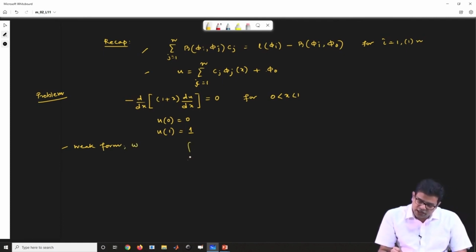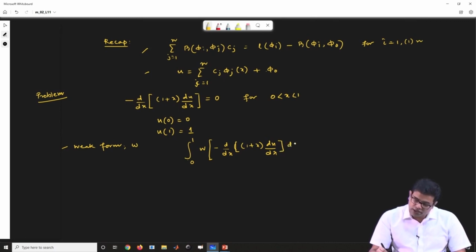The integral statement will be the integral from 0 to 1 of w into minus d/dx of (1 plus x) du/dx, into dx. So this has to be 0.